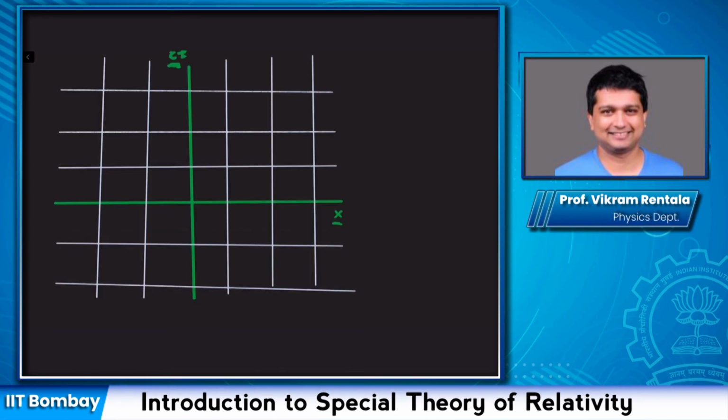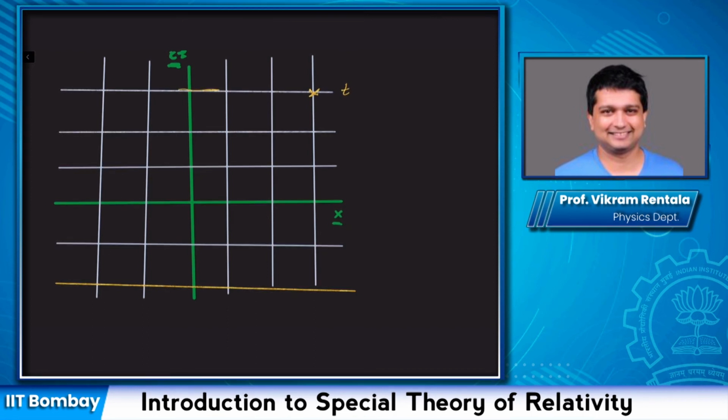So if you imagine a whole grid of this form, now it's easy to locate the coordinates of any point. For example, if we want to locate the coordinates of this point over here, we just have to see which t line this lies on, and this would tell us its t coordinate.